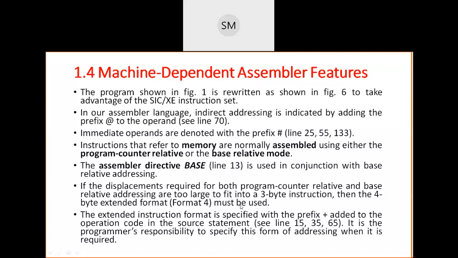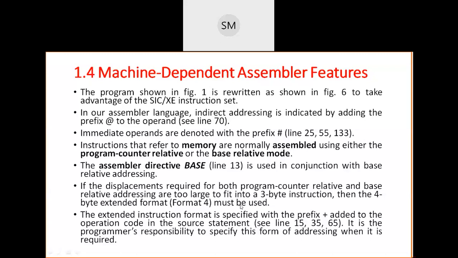When I was discussing the addressing modes of the SIC/XE machine, I had given the range of the displacement value in brackets. For program counter relative, it should be from 0 to 2047, something like that, I think. If the displacement is not in this range, then we should use base relative addressing.